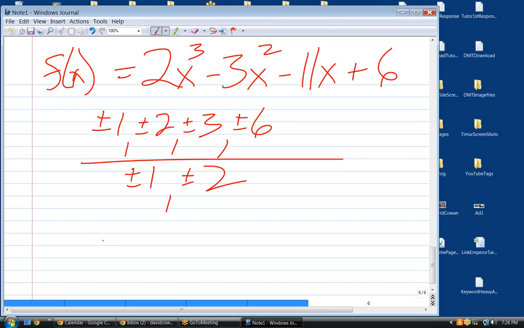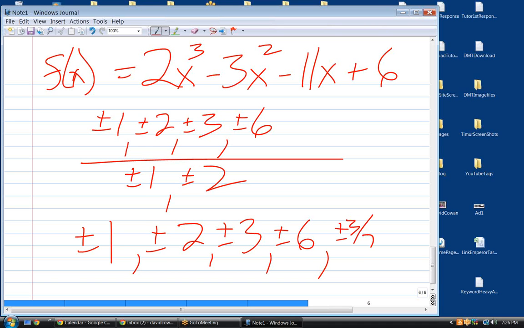Did we do this already and come up with plus or minus 1, plus or minus 2, plus or minus 3, plus or minus 6, plus or minus 3/2, and that's it, right? No, what am I thinking? Plus or minus 1/2, in other words, the 1 over 2. Is that all of them? I think so. Okay.